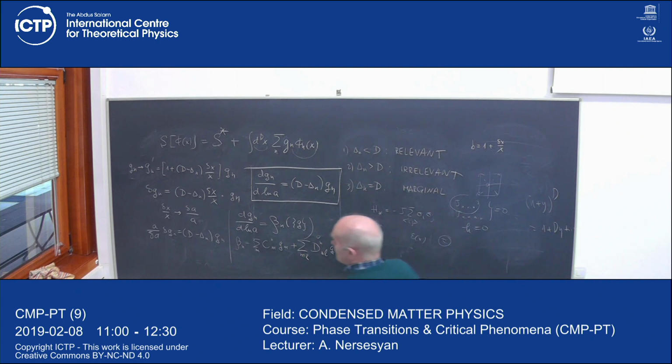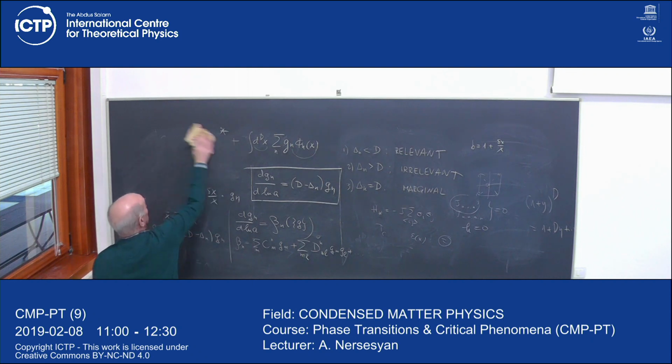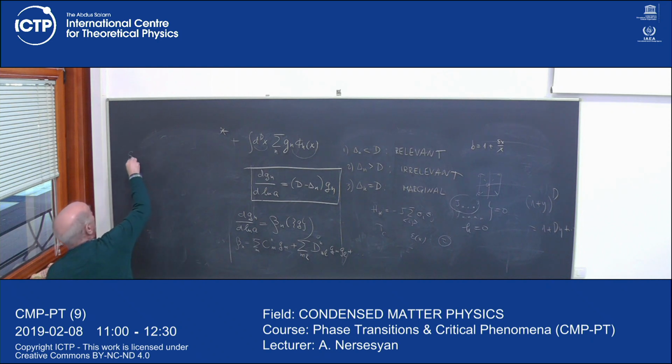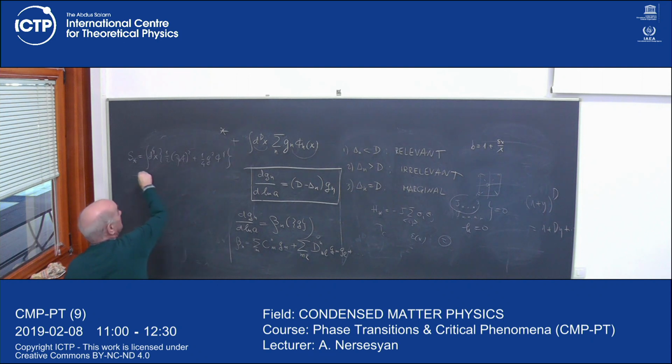But for us, the very simple thing is the following. If we go back to the model we have already discussed, the gauge-invariant model, the integral d^4x of the four-dimensional model, 1/2 (∂φ)^2 plus 1/4 g^2 φ^4, we found out that the scaling dimension of the field phi was 1.